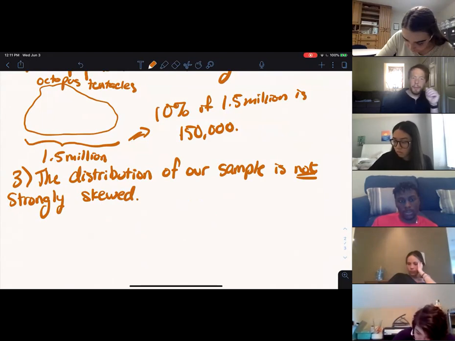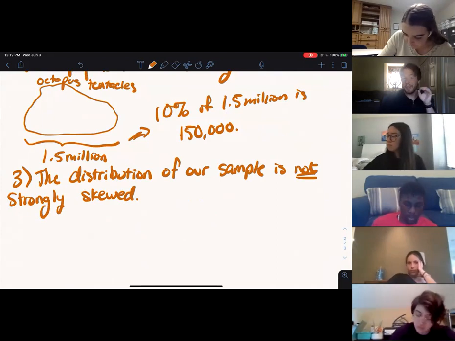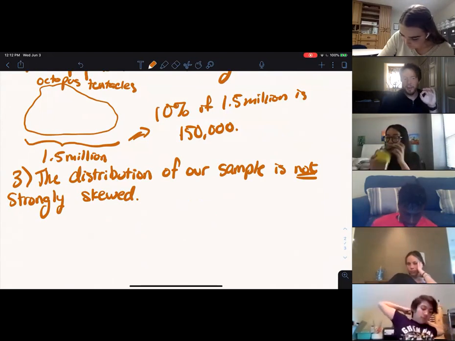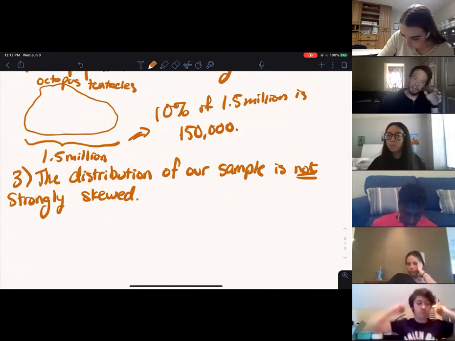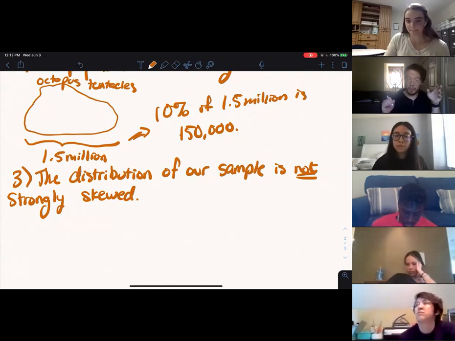If you have a distribution that is very, very skewed, it can mess with the central limit theorem. Technically the central limit theorem will still work, but it becomes much less accurate. So you should check your data to see if it's strongly skewed. If it isn't, great, keep moving forward.